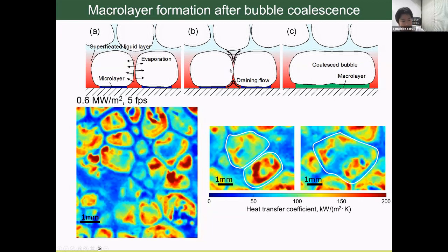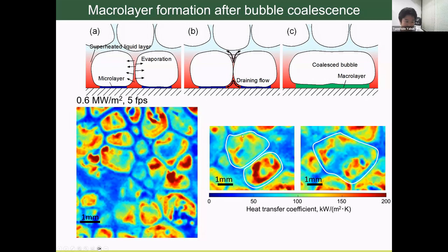In this coalescence process, the liquid between bubbles moves onto the wall surface beneath a coalesced bubble, and this forms the thicker liquid layer, the macrolayer. And repeated coalescence of bubbles forms a larger macrolayer.